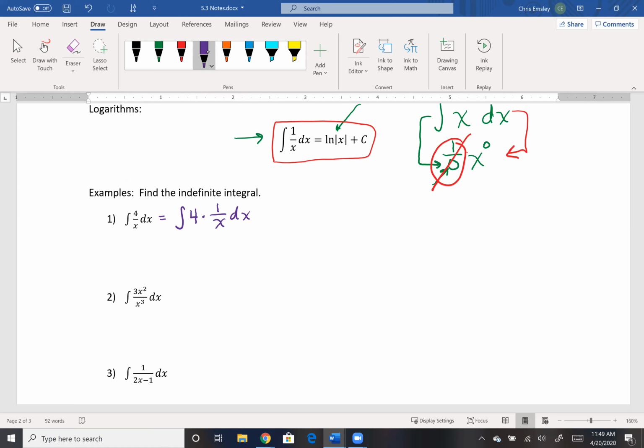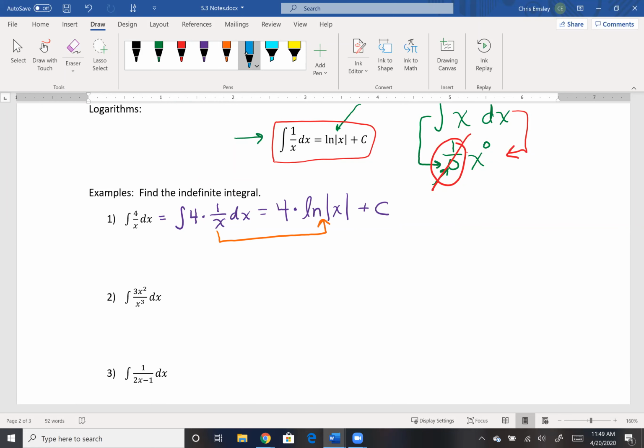And we want to write it like this because then we can apply our rule. It's going to be 4 times the natural log of the absolute value of x plus c. And again, that is just applying the rule we just learned right here in this section. That's just the memorization fact that we need to know.